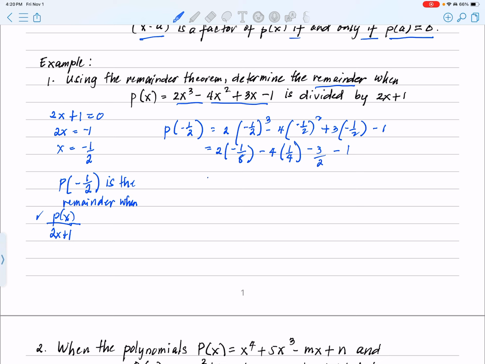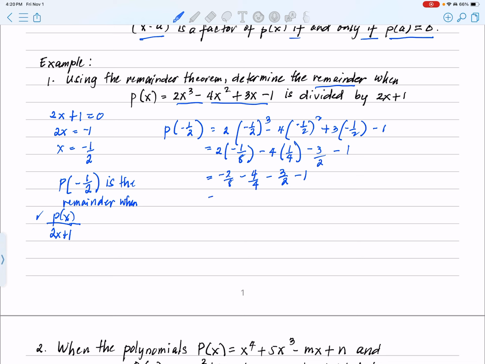Alright, we multiply now. Negative 2 times negative 1, that's negative 2/8. Then we have negative 4/4 minus 3/2 minus 1.